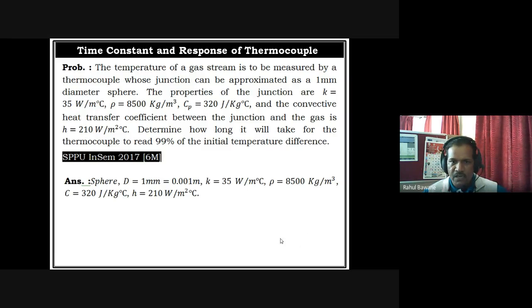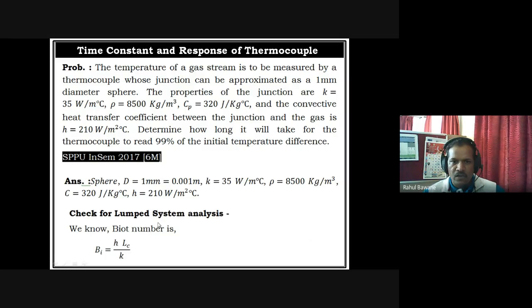So this is the given data. We have to check for lumped heat capacity analysis, and that check is the Biot number, which is H times characteristic length upon thermal conductivity. We know the H value and K value, we require a characteristic length, and this Biot number must be less than 0.1. Then this system can be assumed as lumped heat capacity analysis.